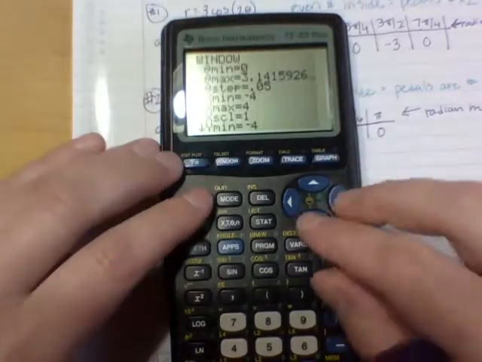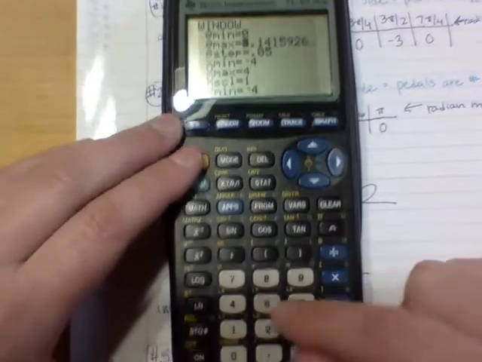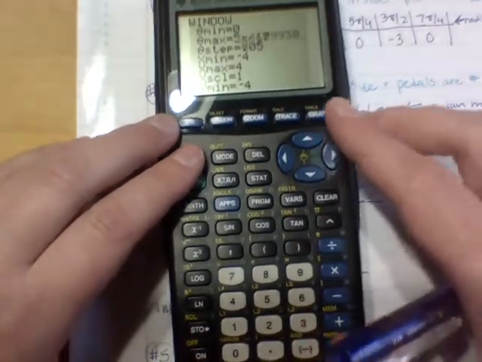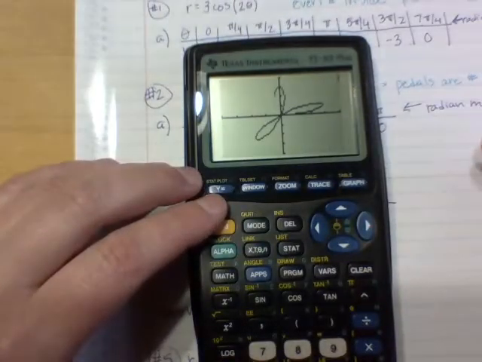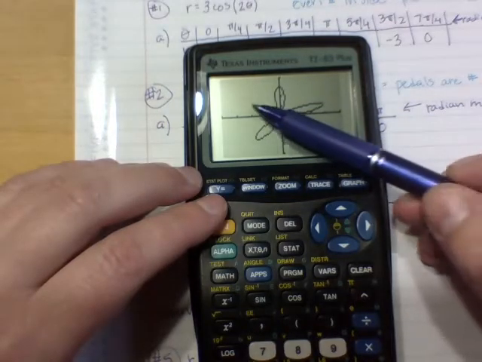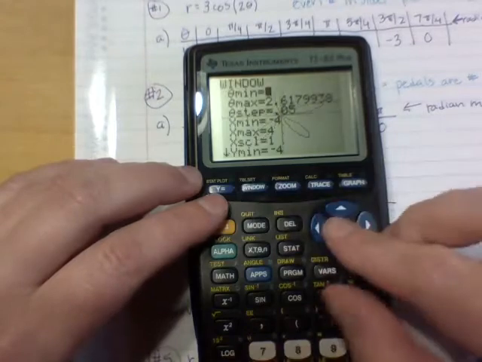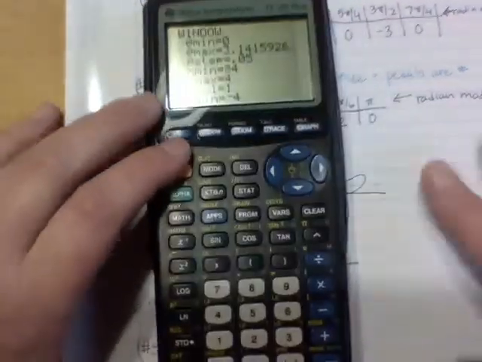So we should try a little bit less than pi, so maybe 5 pi over 6, just to double check that it does actually stop at pi. Okay, and so you can see that it doesn't quite finish there if it's not at pi. So changing it back to pi so we can draw it.